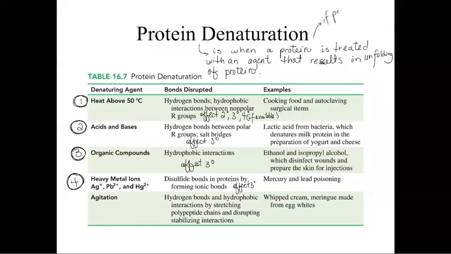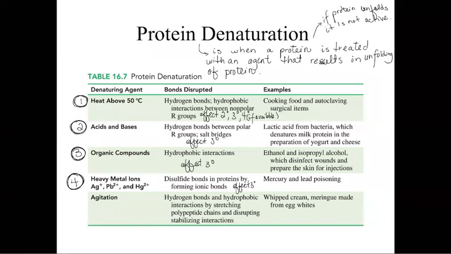If protein unfolds, it is not active. Specifically, if you have an enzyme and your enzyme is now unfolded, it's not going to work well. So as you can see, mercury poisoning, lead poisoning.